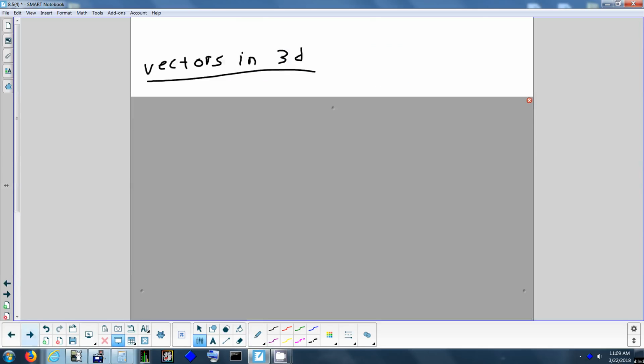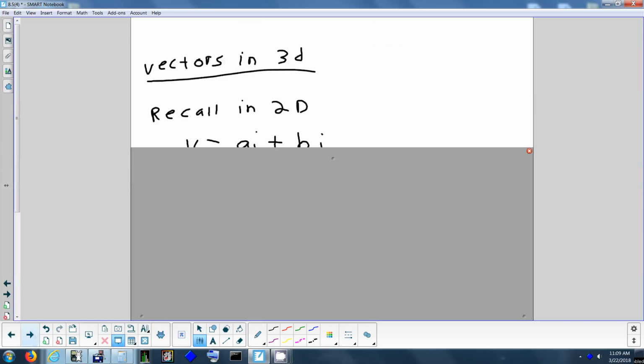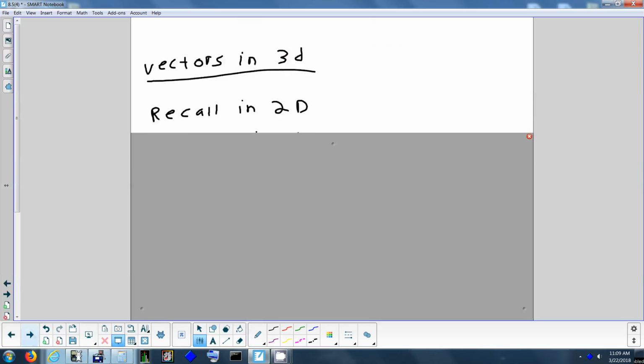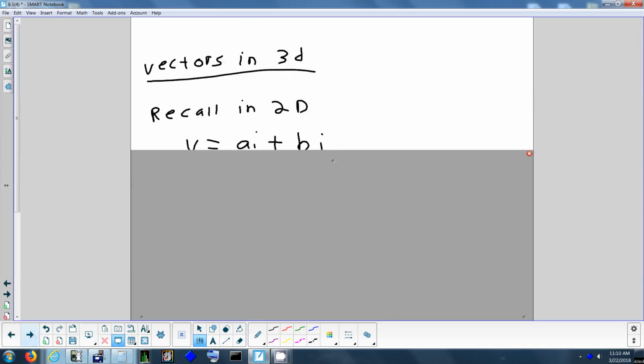All right. So, in 2D, what I'm going to do for a lot of the formulas today is remind you what we did in 2D, and then we'll extend it to 3D. So you don't really have to write down all the 2D stuff again, unless you want to, but it's already in your notes.